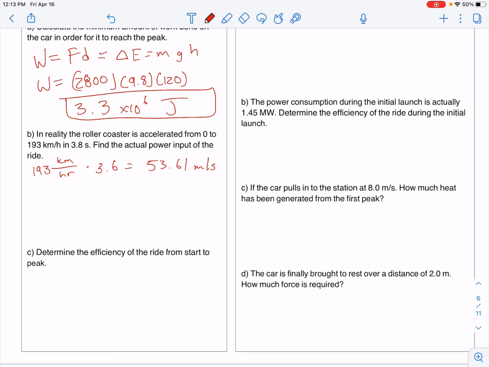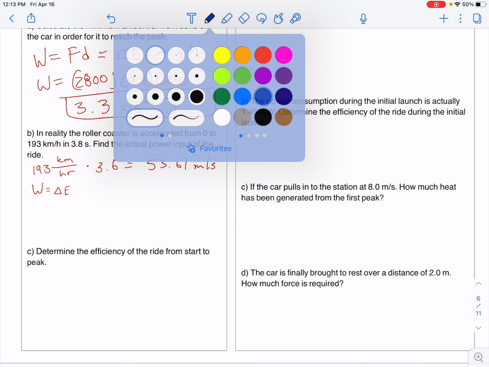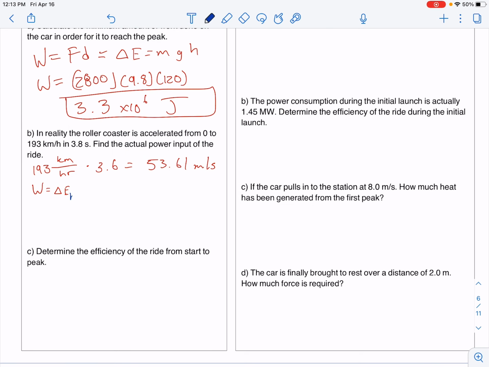Okay, then there we have our work equals change in energy. Because in this case we are in motion, we can look at it as the change in kinetic energy. So we have 1/2 mass times change in velocity squared.